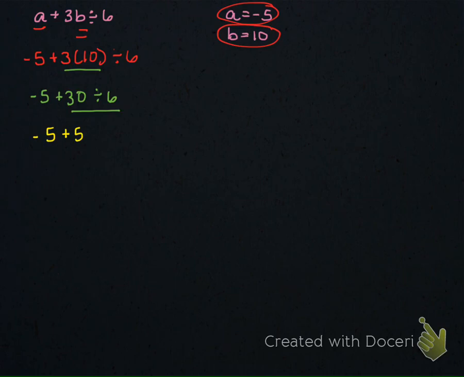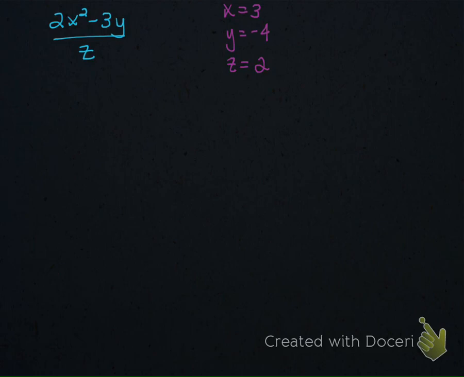The last operation that we have to do in this problem is -5 plus 5, and -5 plus 5 gives us a 0 pair, or rather 5 0 pairs, so we're left with 0. Therefore, when we evaluate this algebraic expression with a being equal to -5, b being equal to 10, we get a value of 0.